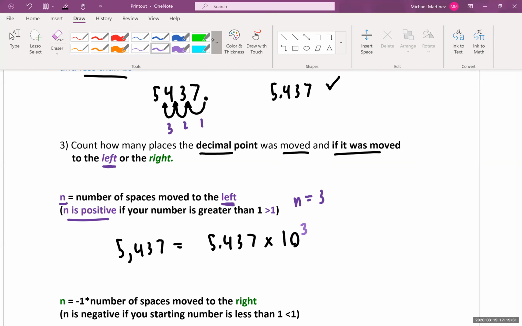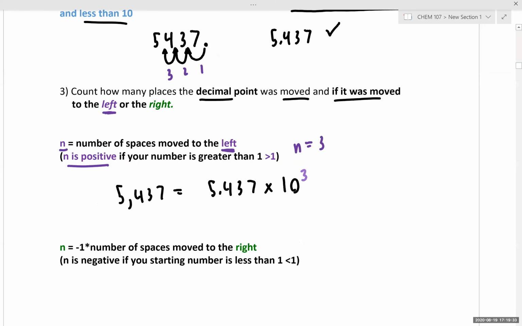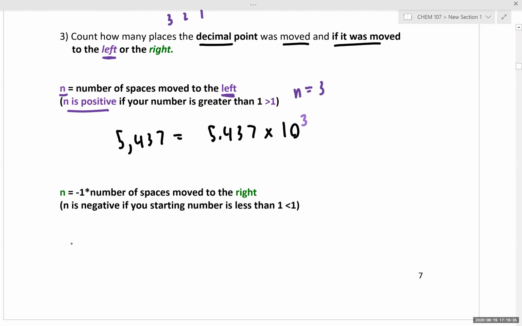Let's look at another example where n is negative. So if we have 0.0347, okay? So let's move our decimal point. So this time I'm moving it one space to the right. Do I have a number between 1 and 10, if I move it one space? No. So let's try one more time.